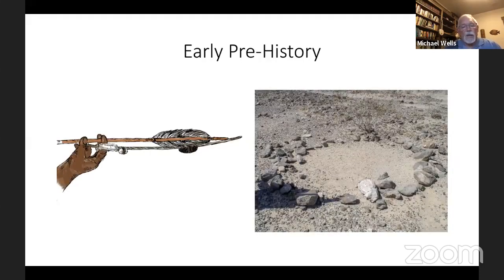And in Anza Borrego, we do have some evidence of people living here as many as 6,000 to 7,000 years ago. And if you've been out, especially in the eastern part of Anza Borrego, in many areas there are what are called sleeping circles, which are probably the foundations of brush huts that were made by human beings thousands of years ago.